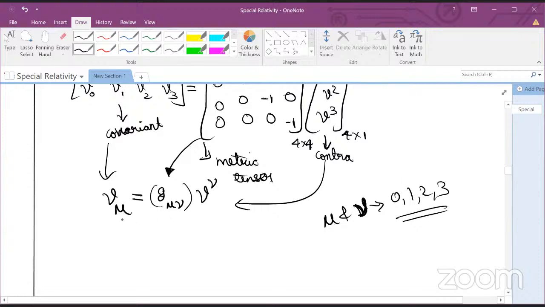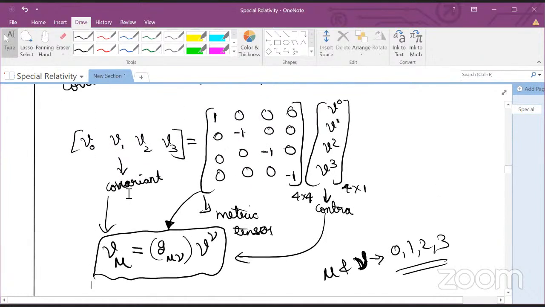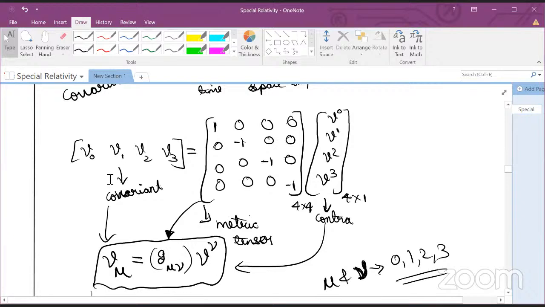So I can write this relation in this form, where V sub mu is the covariant vector, V super nu is the contravariant vector. Mu and nu are just indices. Their values are 0, 1, 2, and 3.